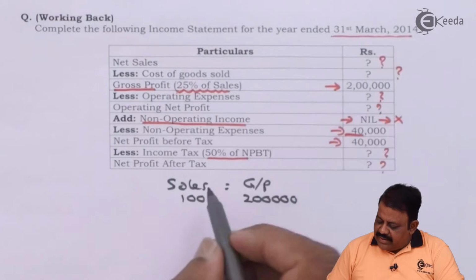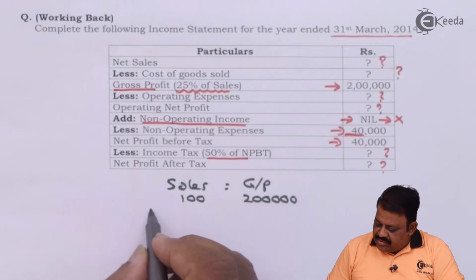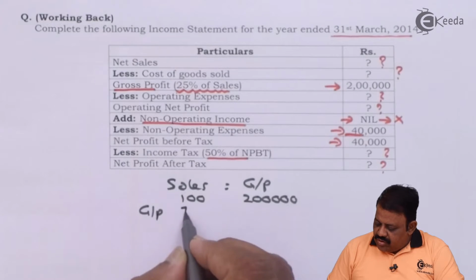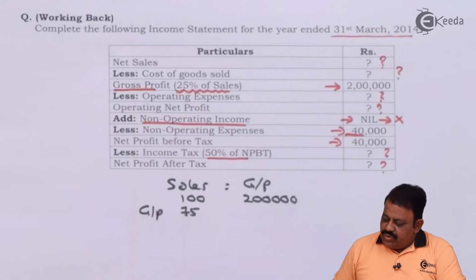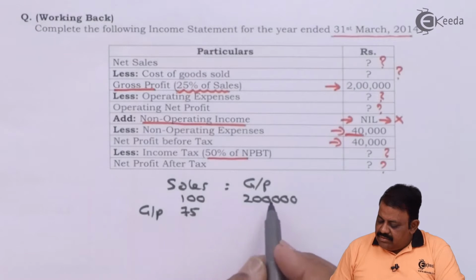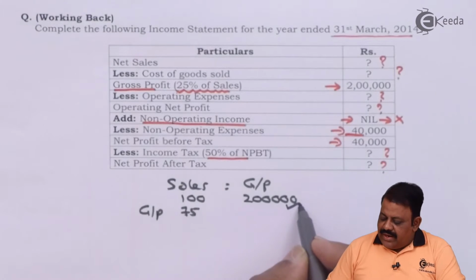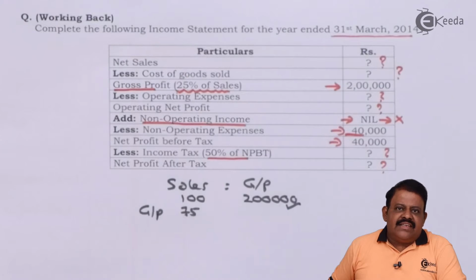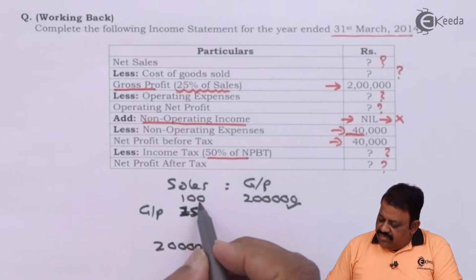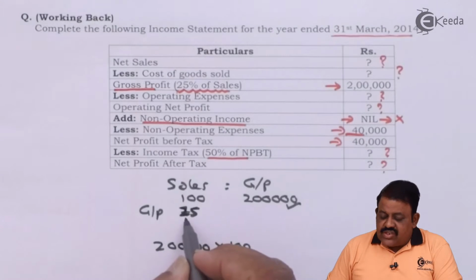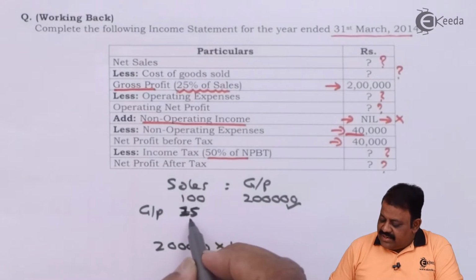Actually, it is given 2 lakhs. So we are required to calculate at gross profit 2 lakhs, what will be the amount of sales. At sales of 100, gross profit is 25.